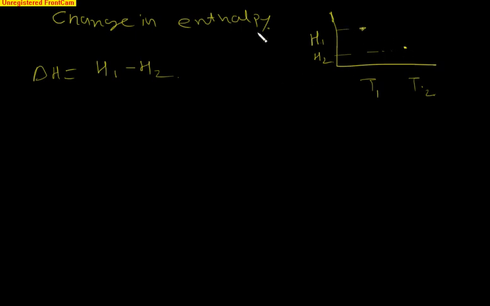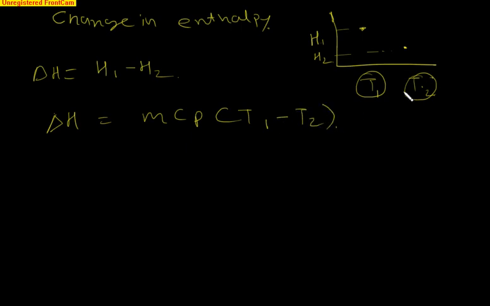Independent of anything else, meaning it depends on this temperature. In the next video we will see what is meant by enthalpy. This enthalpy depends on temperature, meaning delta H equals mcp times t1 minus t2.